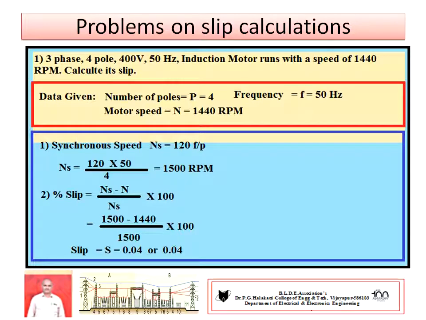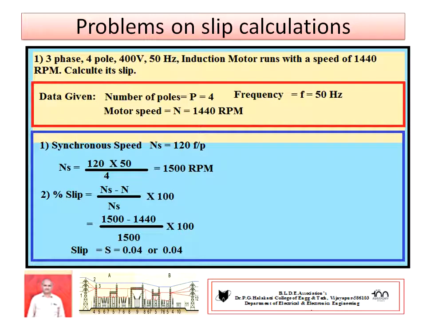We already know how to calculate synchronous speed, then slip. Step number 1, synchronous speed ns equal to 120 f by p. Substitute frequency f equal to 50, number of poles equal to 4, and calculate ns. ns equal to 1500 rpm, that is revolutions per minute, the unit of speed. After calculation of ns, step number 2, go for calculation of percentage slip.